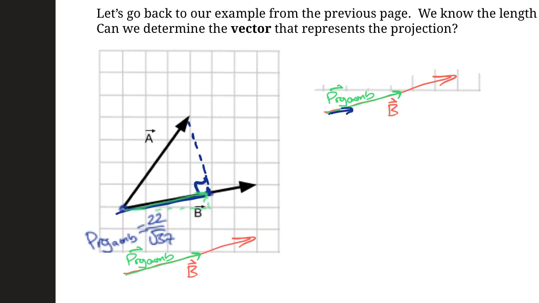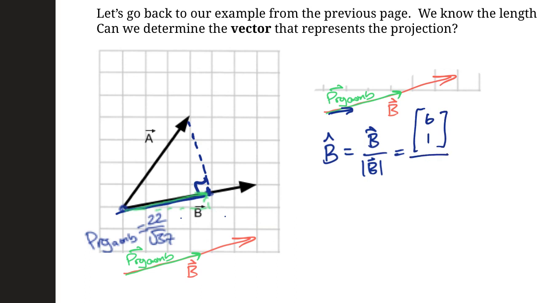So how do we do that? In order to find the unit vector in the direction of B, remember the unit vector means it has a length of 1 and has a little hat on it. To find that, we do vector B over the magnitude of vector B. Because it's like you're dividing by itself, so you're shrinking it down to 1. So vector B we know is over 6 and up 1.